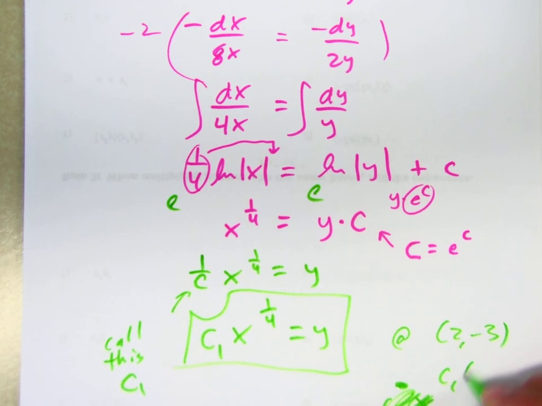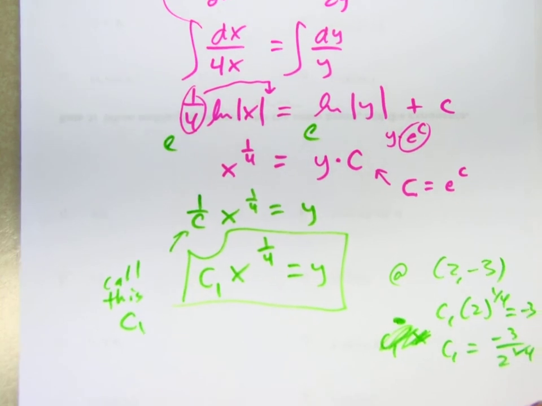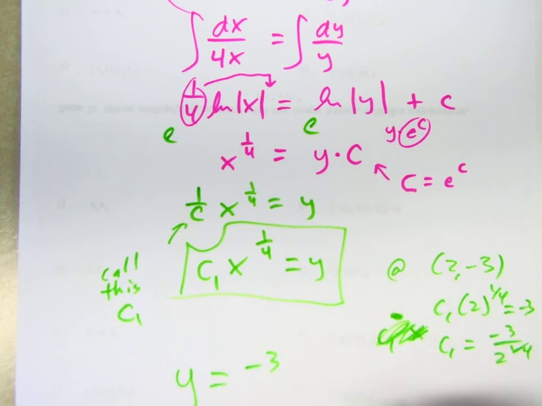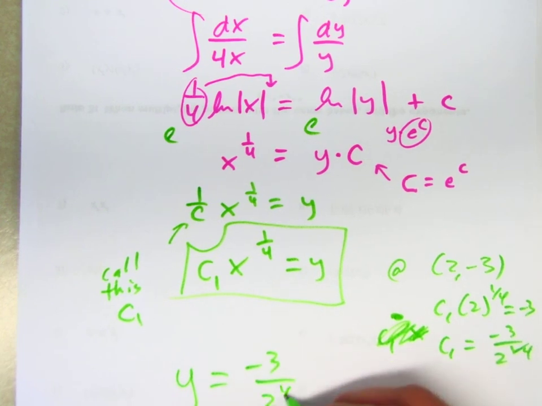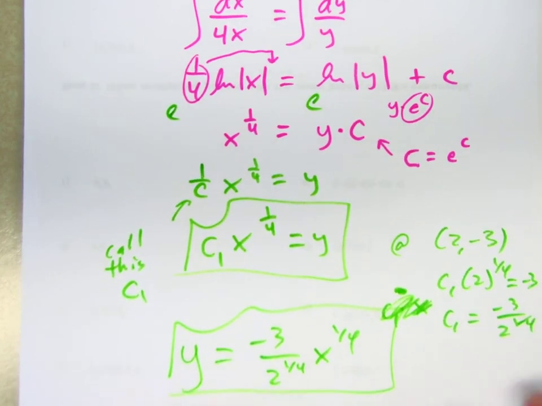And so my constant is going to be -3 over 2 to the 1/4. And so my final answer is going to be -3 over 2 to the 1/4 times x to the 1/4. And so this would be the path based on the condition that's given to you.